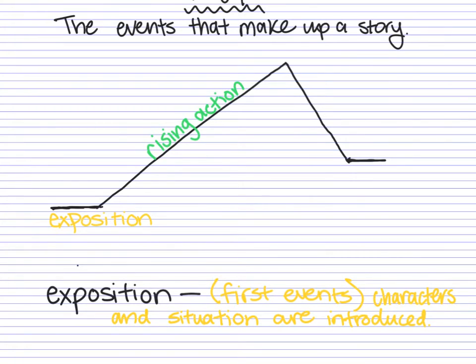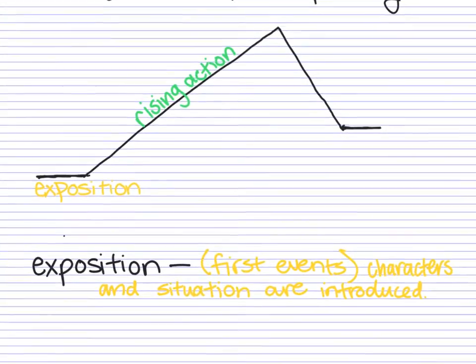If you notice, sixth graders, the rising action, this part here, is the largest piece in our diagram. That's because the rising action is the majority of the book that you're reading.